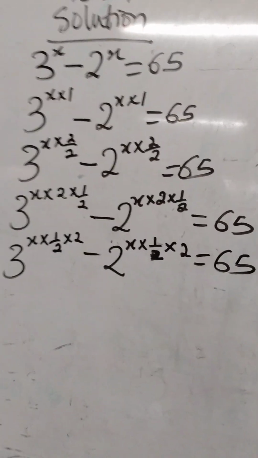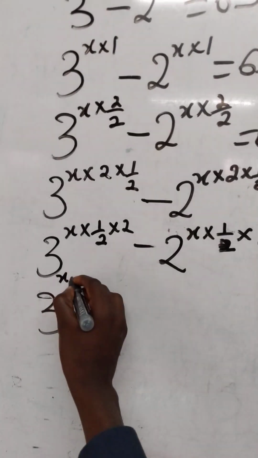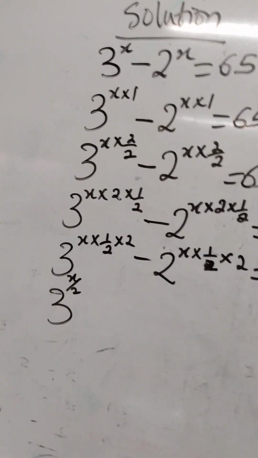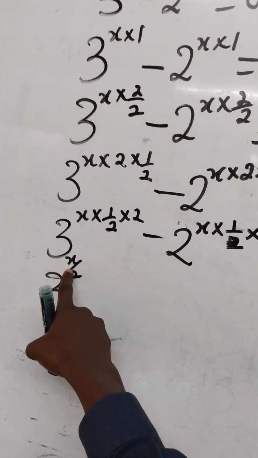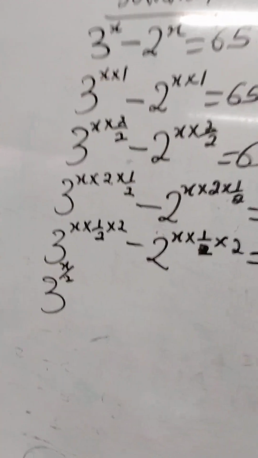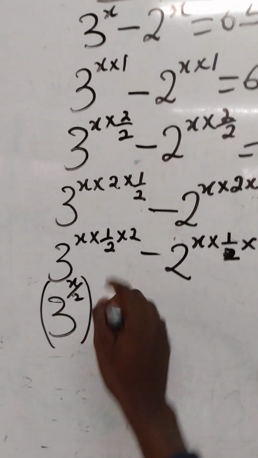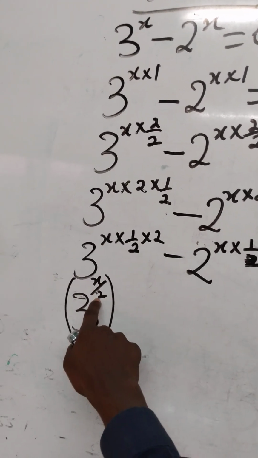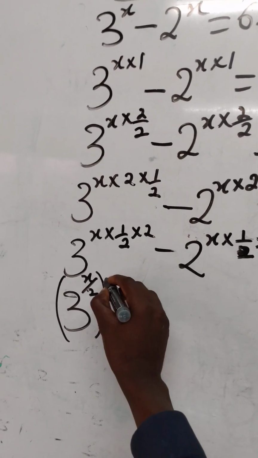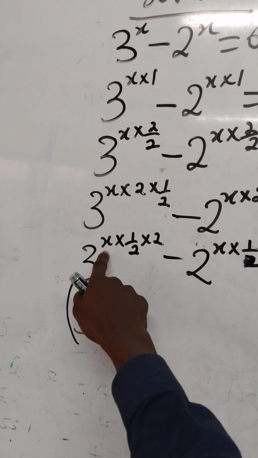Now, 3 raised to the power of s times 1 over 2 is s over 2. You agree with me that s times 1 over 2 is s over 2. Can I put this in brackets? The particular 2 that is remaining can be at the top like this, because s over 2 times 2 is the same thing as everything you are seeing here.